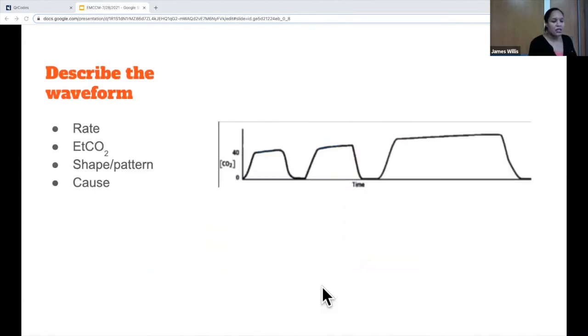So if you've got a patient with an end tidal on them, and this is the waveform that you see, tell me about the rate, the end tidal, the shape, the pattern, and what you think the cause might be. Anyone? Any of those things?